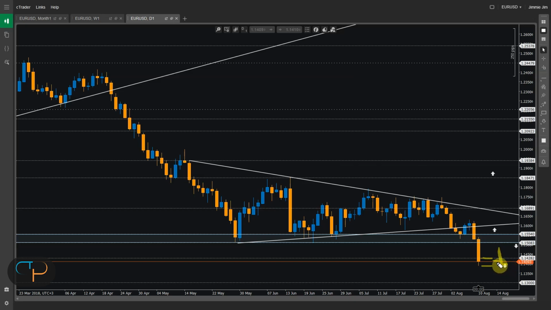It doesn't matter where it opens or where it closes. What does matter is this, okay? If it falsely breaks this resistance of the consolidation pattern itself, this could be taken as a confirmation, and I would sell after this candle closes under the resistance of the consolidation pattern.